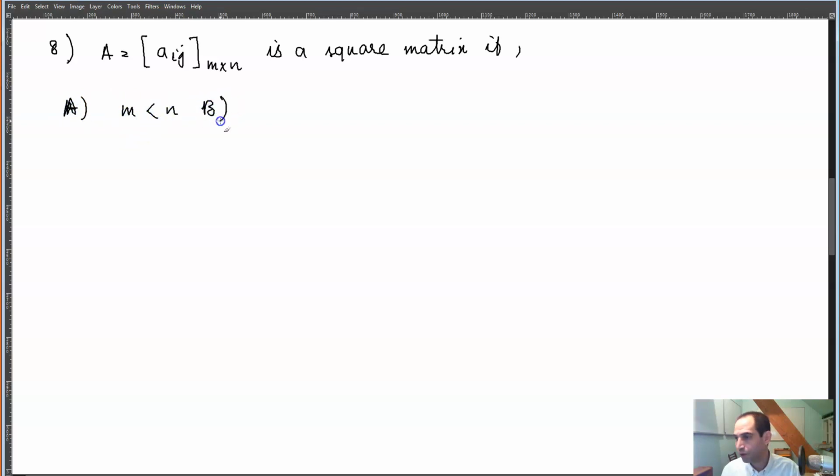Choice B is m is greater than n. Choice C is m is equal to n. And choice D is none of the above.